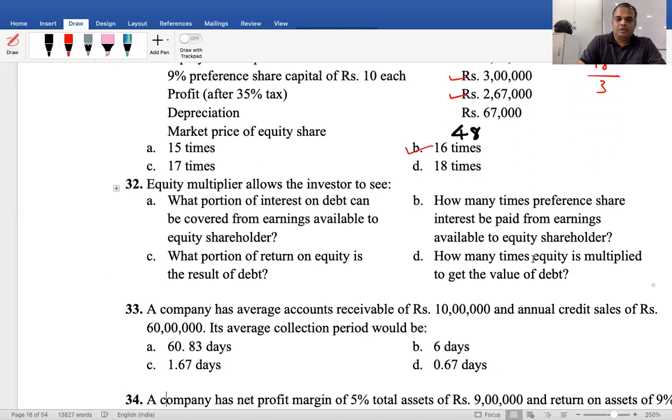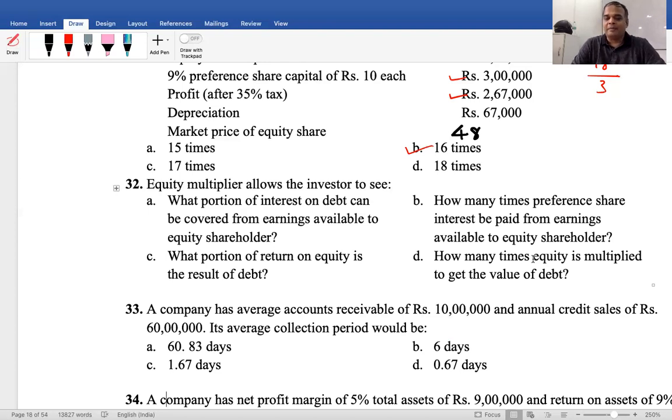Next. Equity multiplier allows the investor to see what portion of interest on debt can be covered from earnings available to equity shareholders. How many times preference shares interest be paid from earnings available to equity shareholders. C, what portion of return on equity is result of debt.